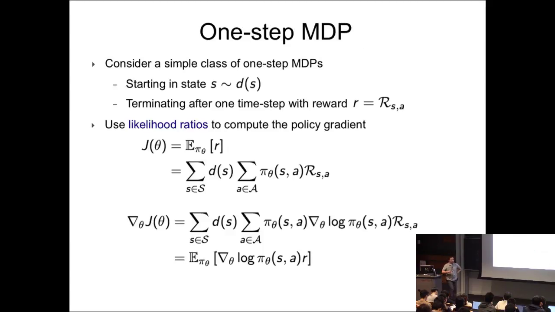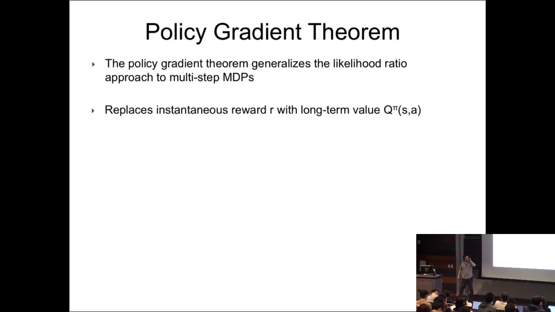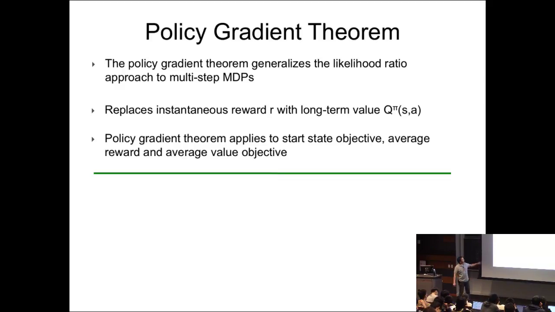Okay? Now, this is just a one-step MDP. An extension of this is the policy gradient theorem, which generalizes this likelihood ratio to multi-step MDPs, right? Because you never terminate in one step. You terminate in T steps. And essentially, the only difference is that you're replacing the immediate reward with some long-term reward value, the Q function, right?